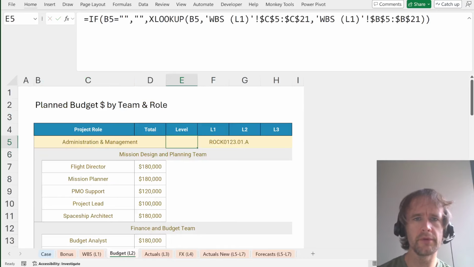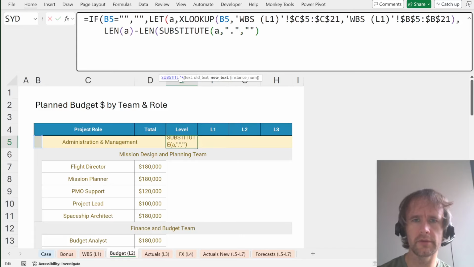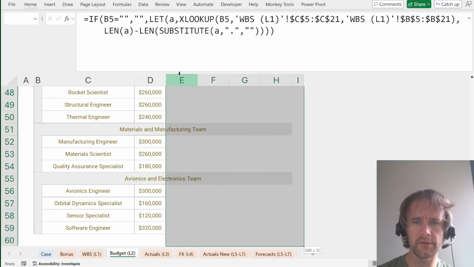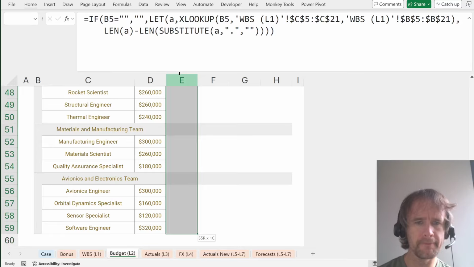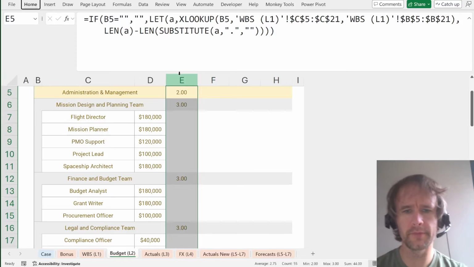And then we need to let A be that, and len A minus len substitute A dot. I don't want any of this centered across selection. Thank you very much. Okay. Slightly weird formatting there, but that'll do.